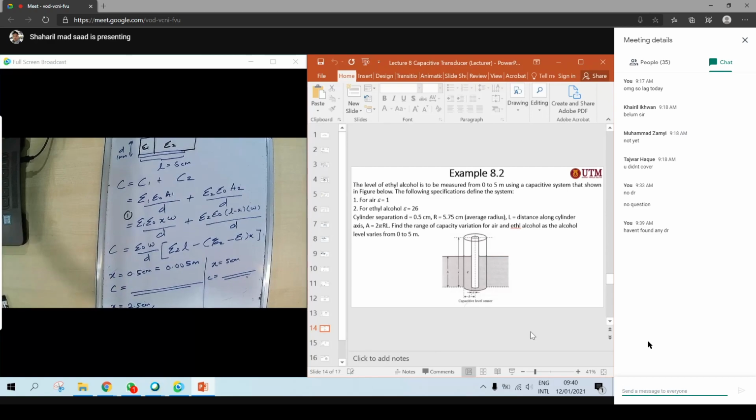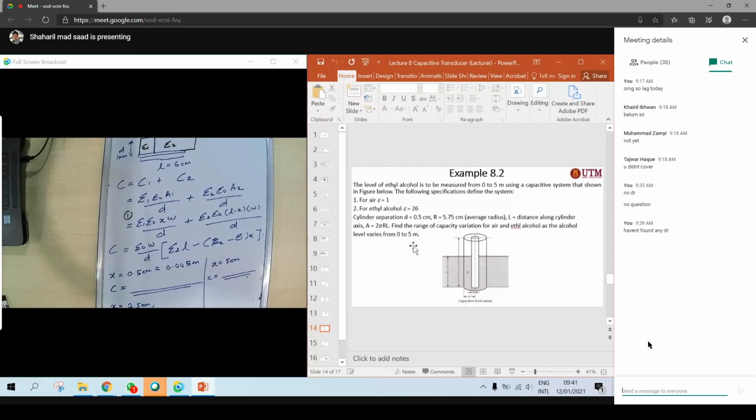The average radius equals 5.75 cm, and the distance along the cylinder is L, the length. The area is 2 pi RL. Find the range of capacitance variation in air and ET alcohol as the alcohol level varies from 0 to 5 meters. So it asks you to find the value of capacitance for the air, and then the value of capacitance for the ET alcohol.